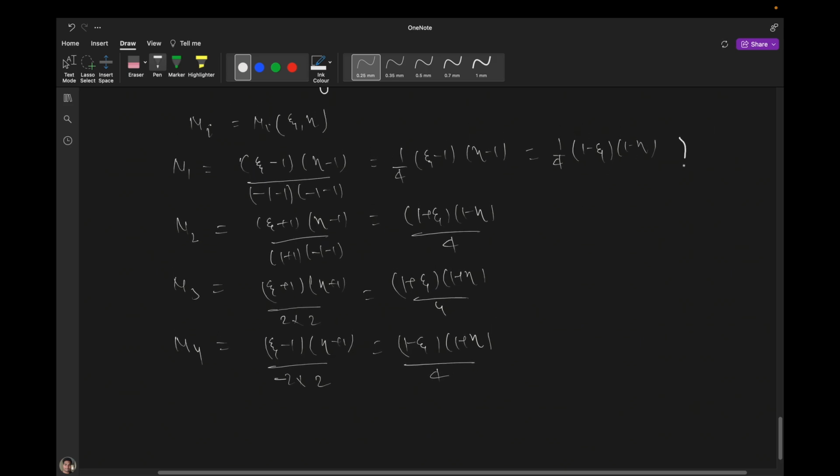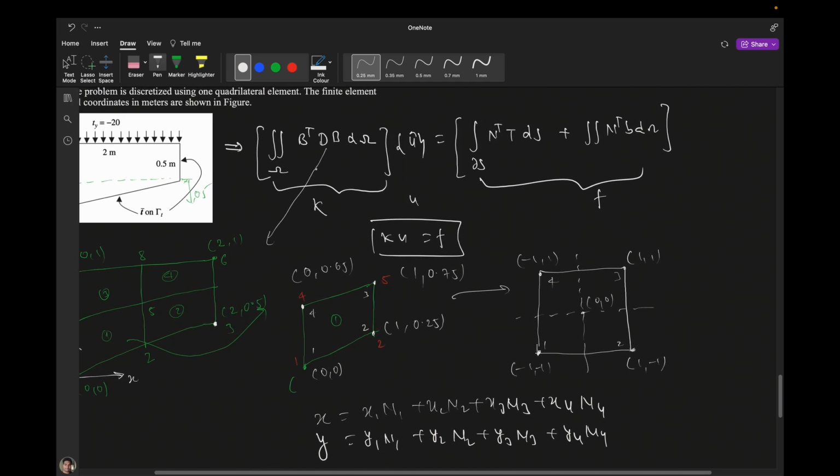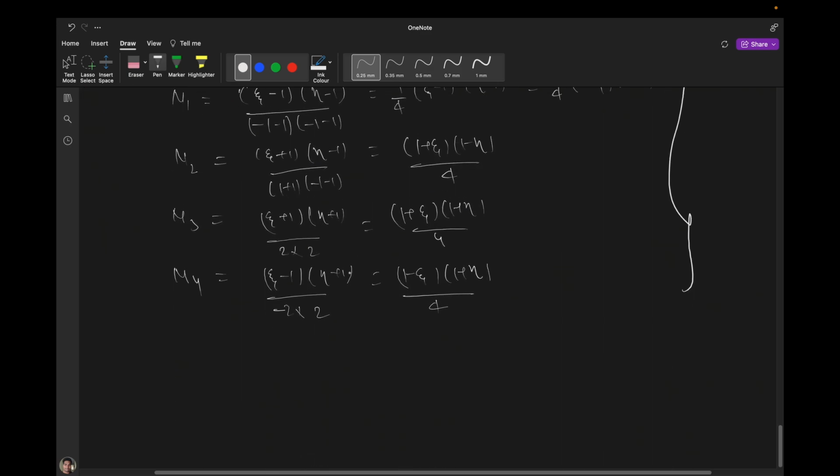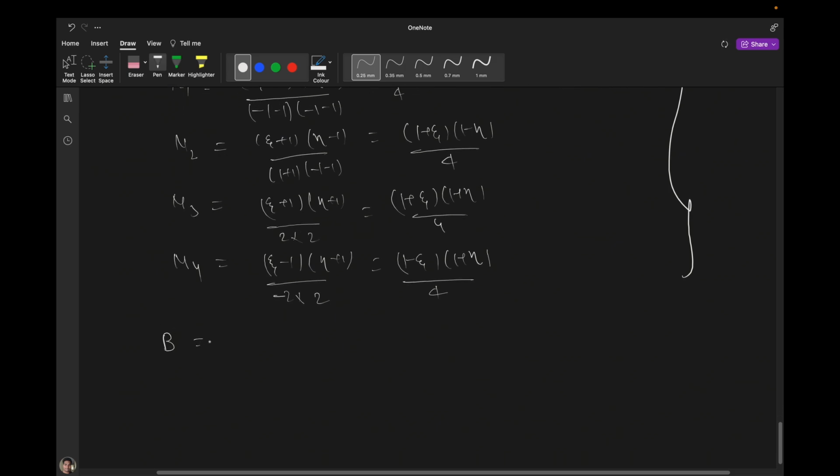Okay, so here you can see that we are choosing the shape functions based on this. Now since we already saw that these all will be a function of x and y, while choosing the domain it becomes a function of xi and eta. So if I want to write B, earlier it was n1x0, n2x0, n3x0 and n4x0.